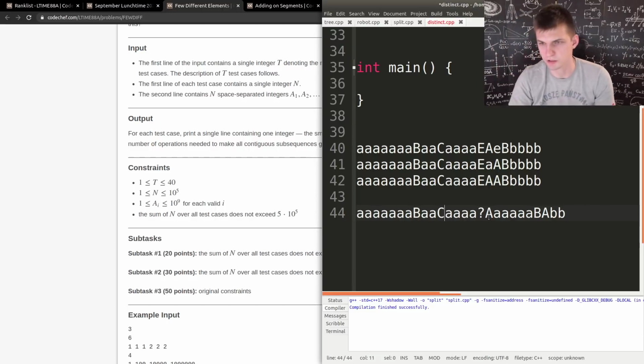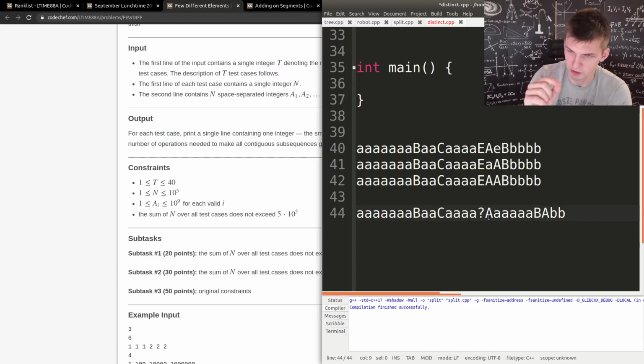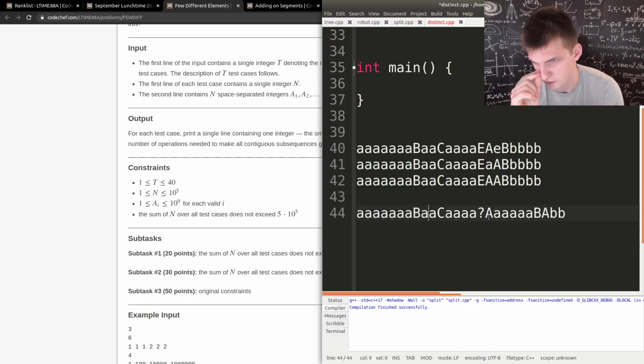Well, we could change this into B's and this into C's. We could. Just let's say that before a character we can already start a block with this character.